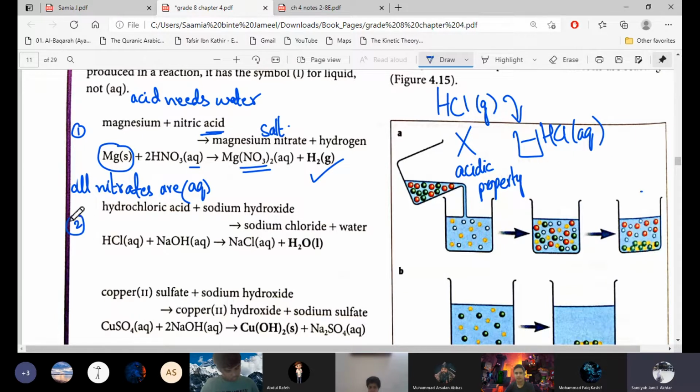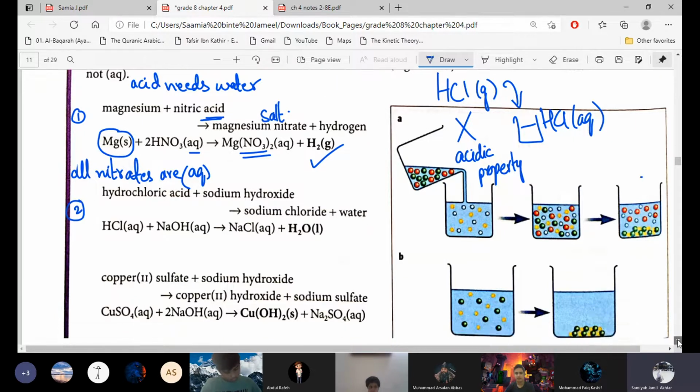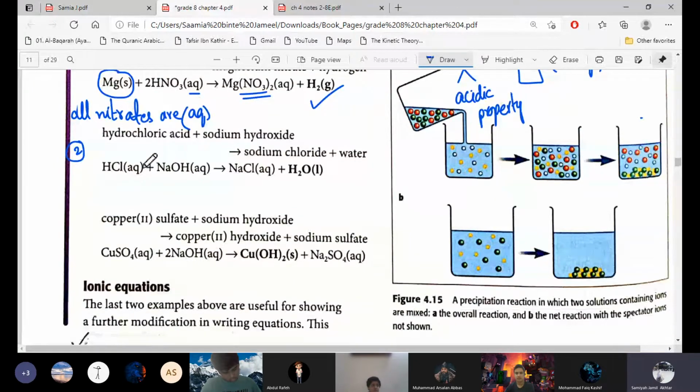Now the second example is a neutralization reaction, in which we have hydrochloric acid. Again, hydrochloric acid is aqueous. Sodium hydroxide is also aqueous, because all hydroxides are soluble in water except very few.